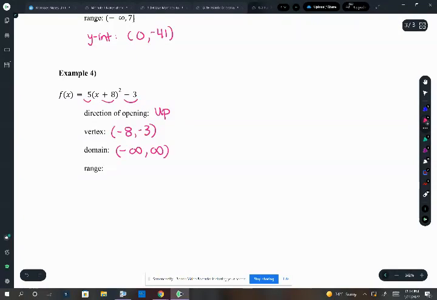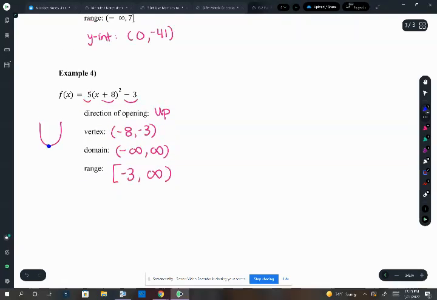And then range is going to be, because it goes up, so think about what it looks like. It goes up, so it's going to be from this value of your vertex, which is negative 3, and then it's going to go up forever to infinity. And so we always want to make sure that we remember which way it is facing, so that we can understand what our range is going to look like, because it's always based off of that.